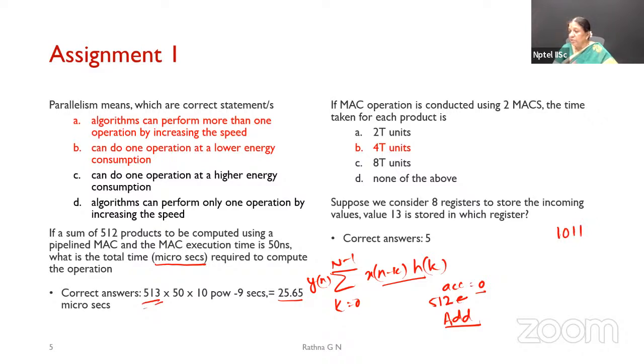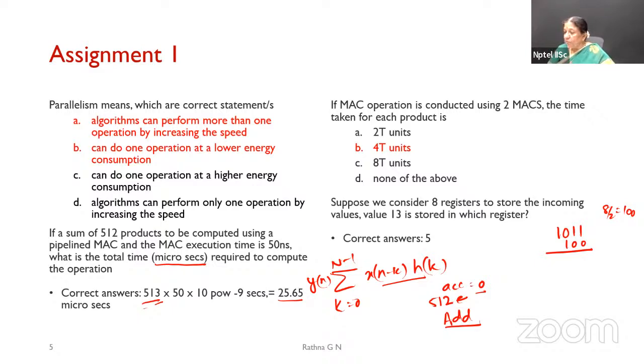For the bit reversal, it is 8 by 2, which is 1, 0, 0. What you have to add, and in which register it is going to be stored.